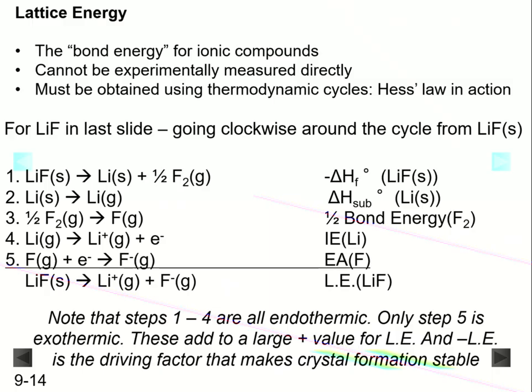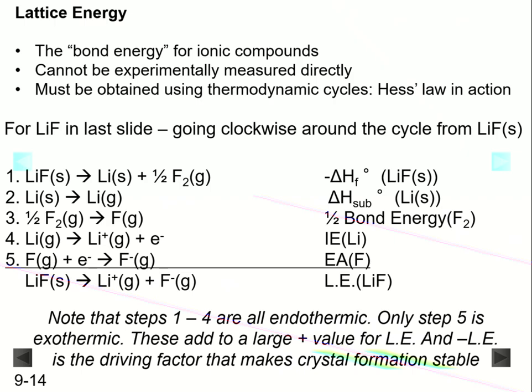Hess's law in action is going to show us how we use things that we can measure to determine the lattice energy, which is something we can't measure. So for lithium fluoride in the last slide, we're going to go clockwise, and we're going to start at the very bottom line, that is from lithium fluoride solid, and we're going to write out all the reactions.